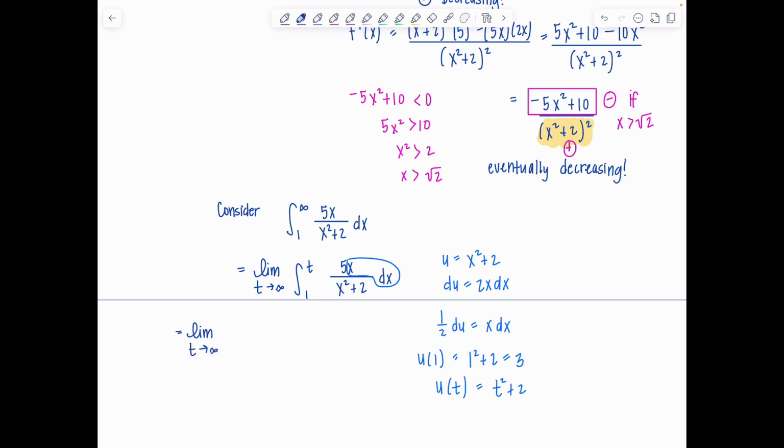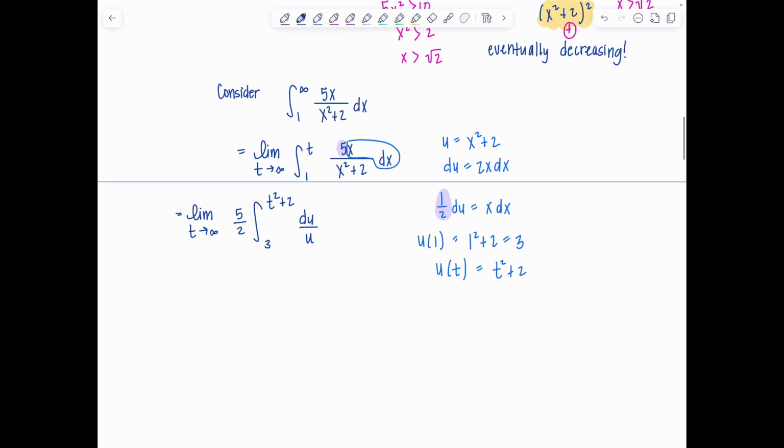All right, so now we've got the limit as t goes to infinity. Let me take this 5 out. And then remember how we have that 1/2? So I'm just going to put 5/2 outside. Integral from 3 to t squared plus 2 du over u. Wow, so nice and clean and not stressful.